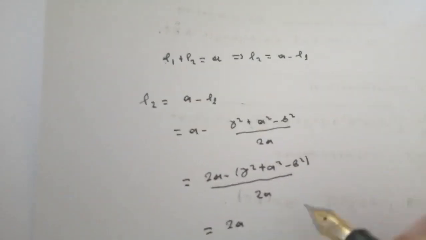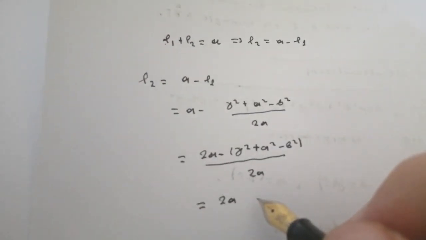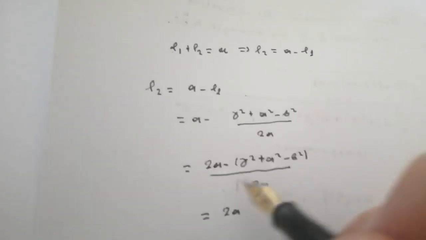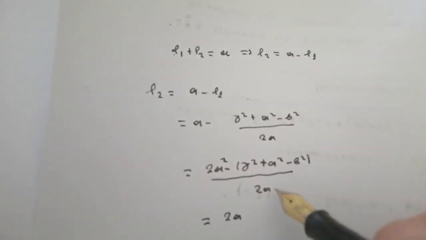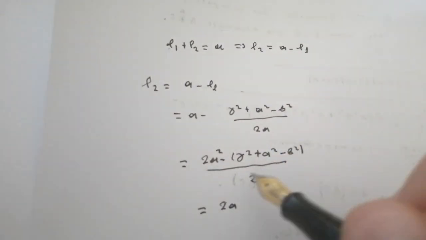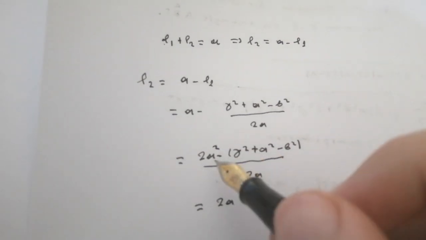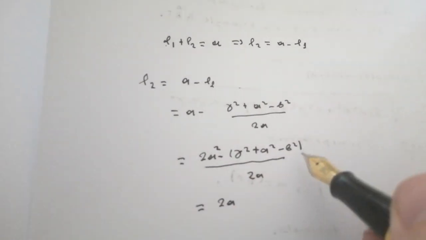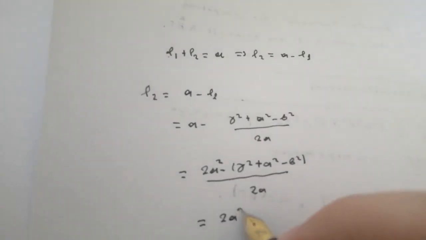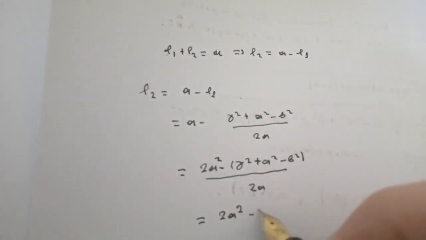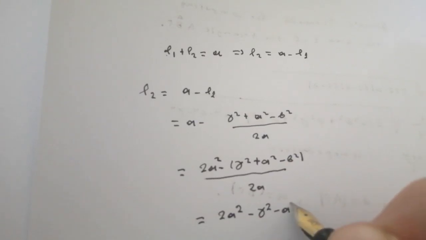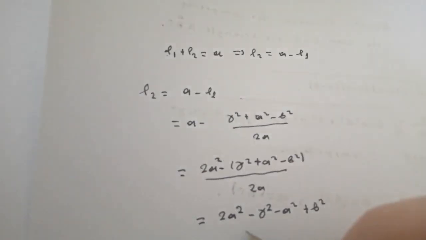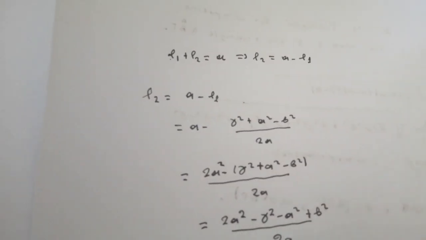We have the common denominator 2 alpha, and this is 2 times alpha squared minus (gamma squared plus alpha squared minus beta squared), and we close the bracket. So we have 2 alpha squared minus gamma squared minus alpha squared plus beta squared over 2 alpha.